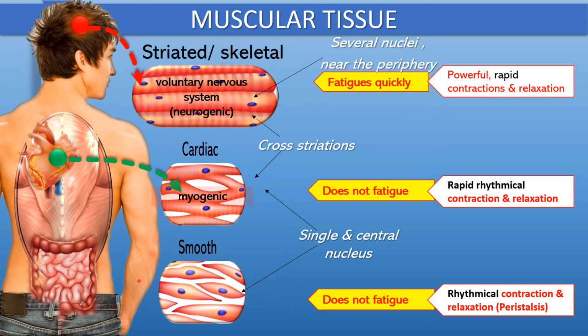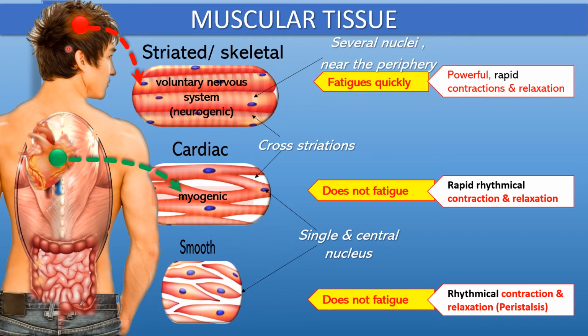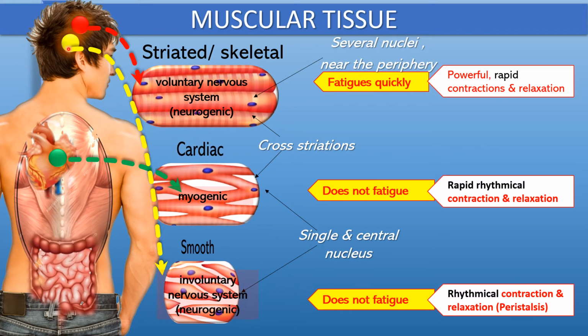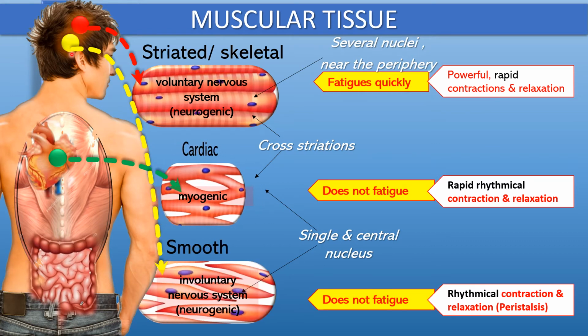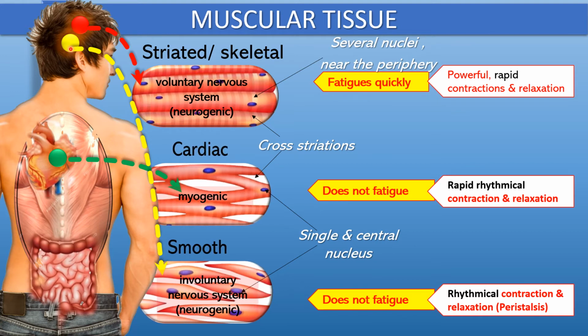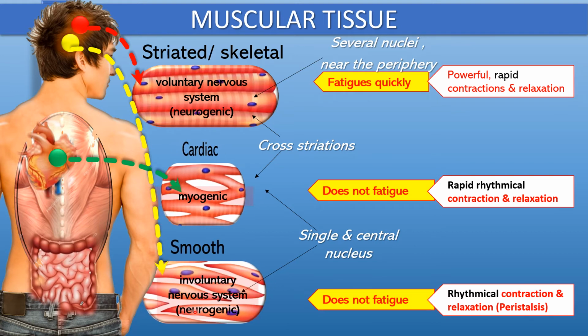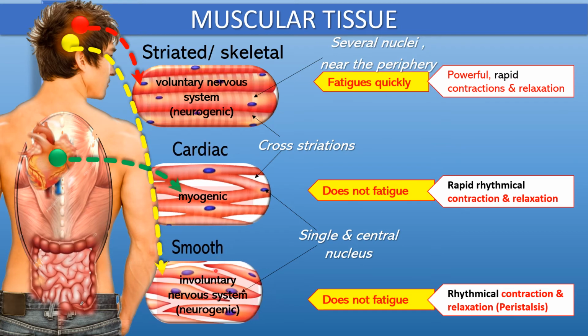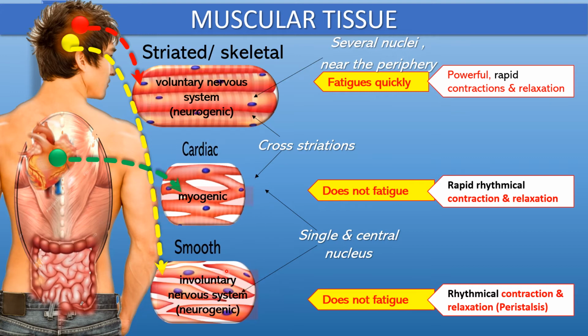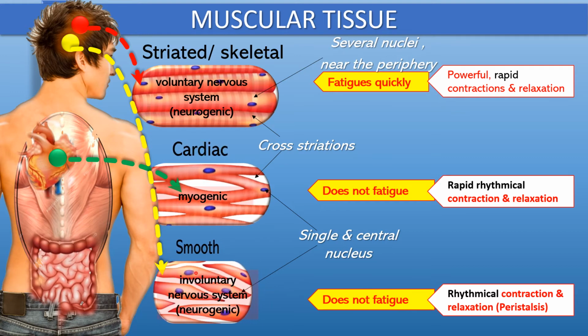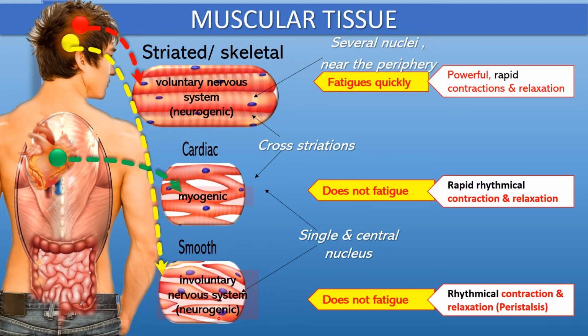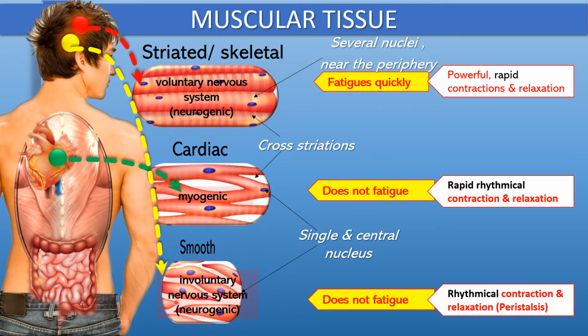The smooth muscles are also controlled by a different part of the brain known as the cerebellum. So this part of the brain is not the thinking brain. So we don't have to think and give instruction to the smooth muscle to contract. The smooth muscle will contract on its own. So this is called an involuntary nervous system. But since it still involves nerves from the brain, it is considered a neurogenic muscle.